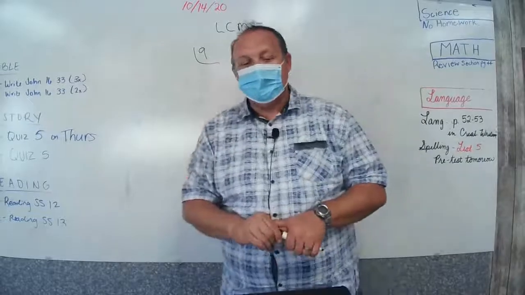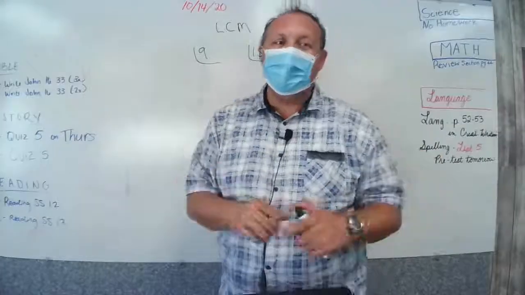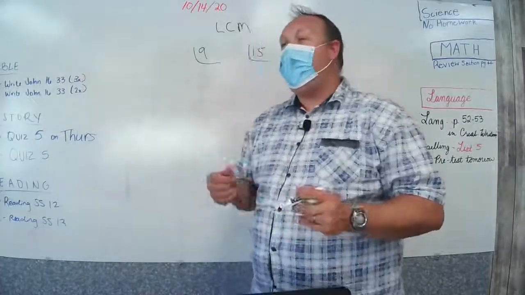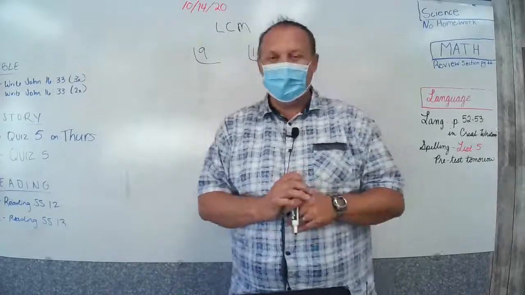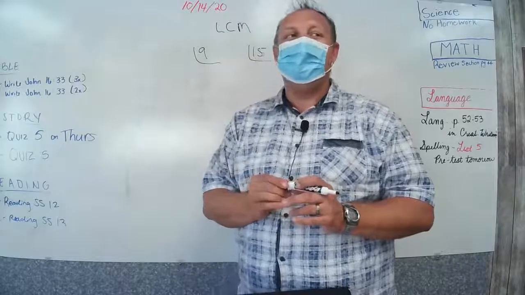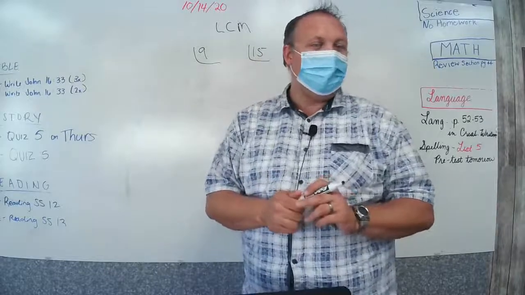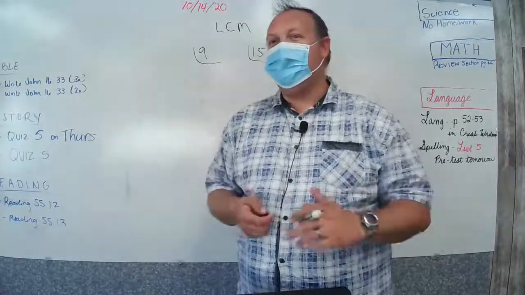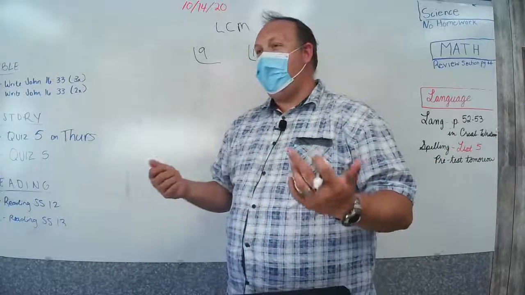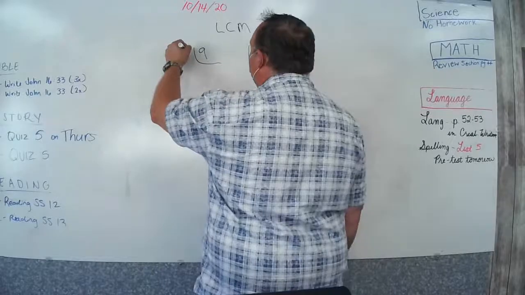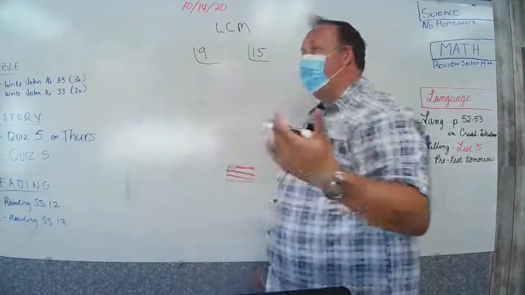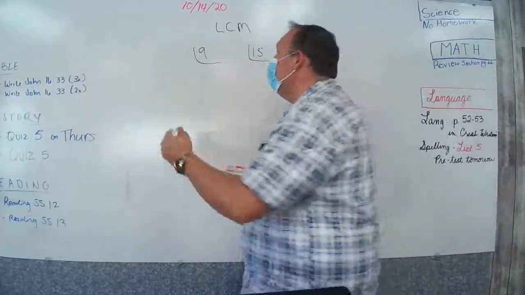Okay? So, in order to figure out my least common multiple, I have to first break this down into my prime factors. We did this last week. We did this yesterday. Prime factors, okay? So, we're going to factor 9. What's a prime number that goes into 9? 3.